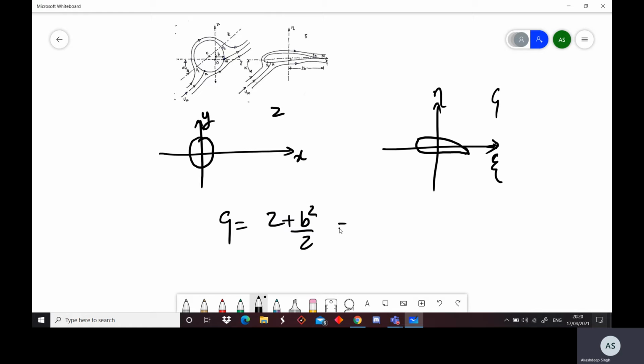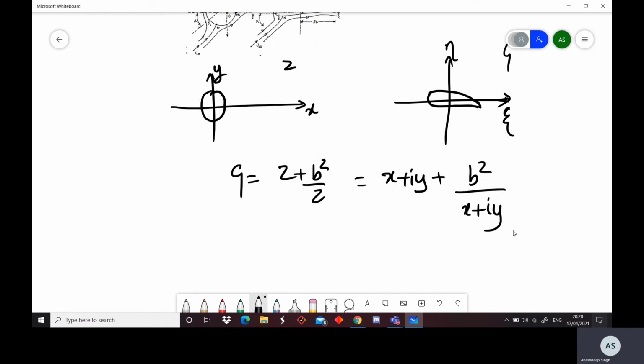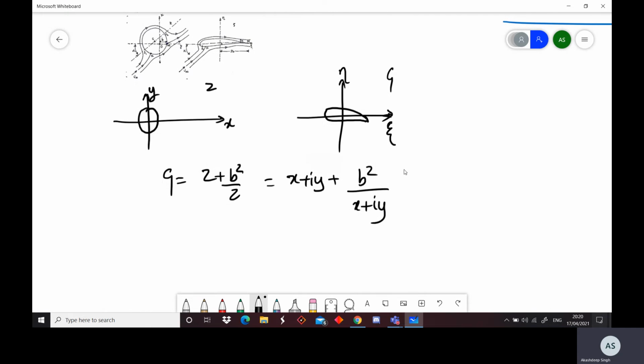So we can put x plus iy instead of z, giving zeta equal to x plus iy plus b square by x plus iy. If we simplify this by making b equal to 1, it becomes x plus iy plus 1 by x plus iy.